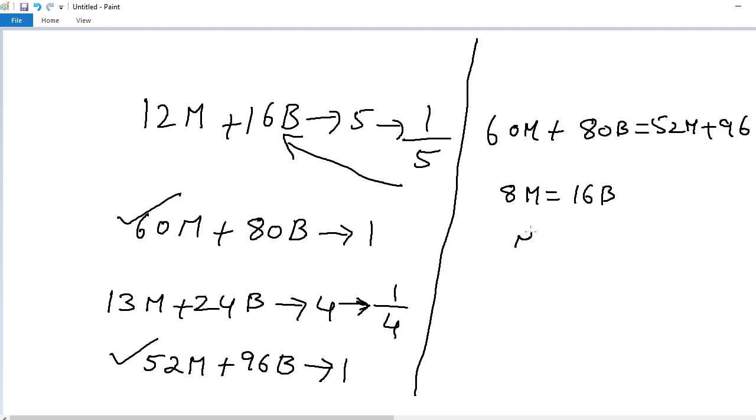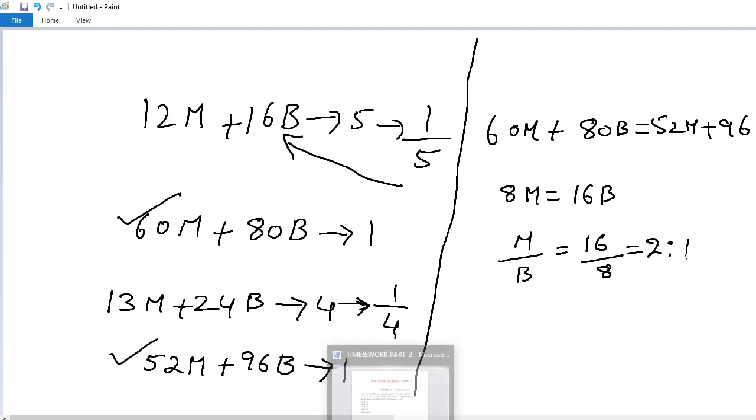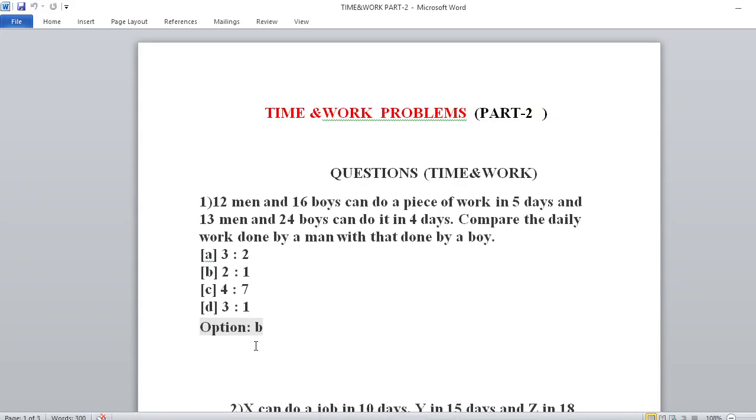So man by boy is equal to 16 by 8, that is 2 is to 1. So option B is the correct answer.